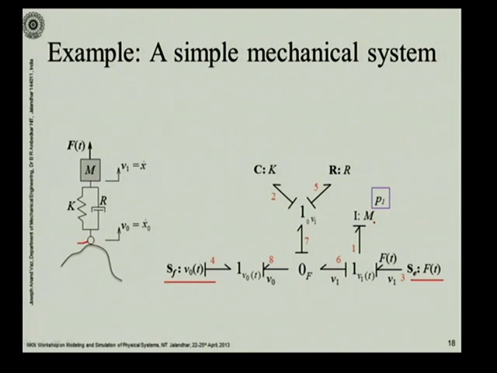And what are these states? We know that only I and C elements can contribute states because they are going to keep a track of the history of the system. So we have a generalized momentum P1 associated with this I element, and we have a generalized displacement associated with this C element. That's all.